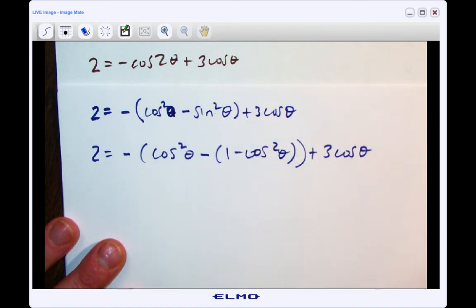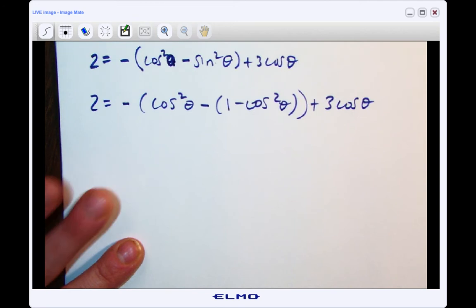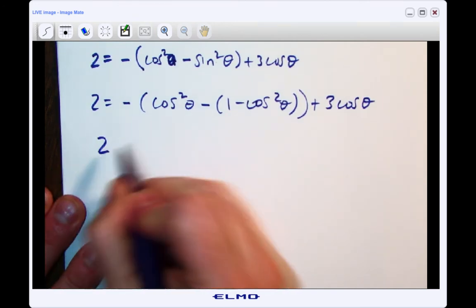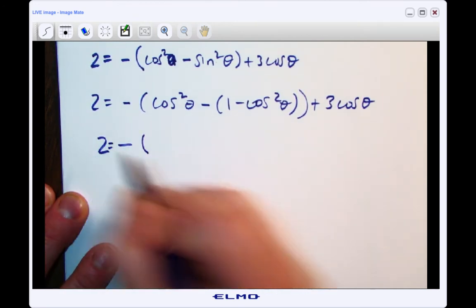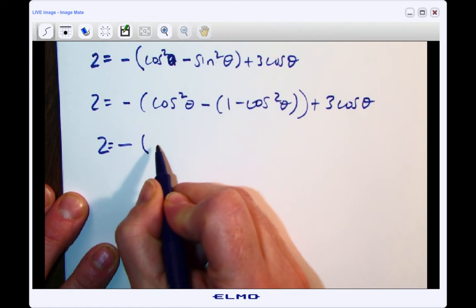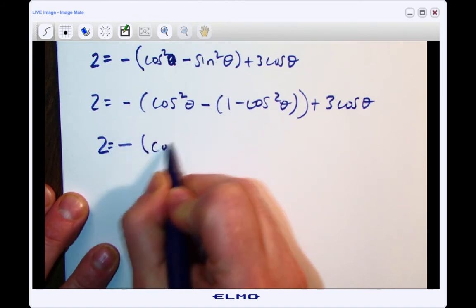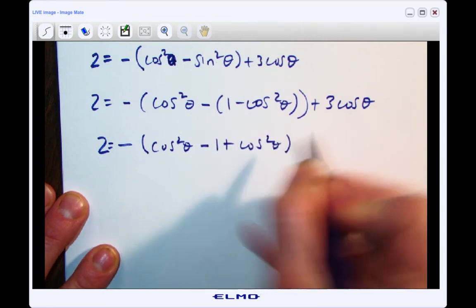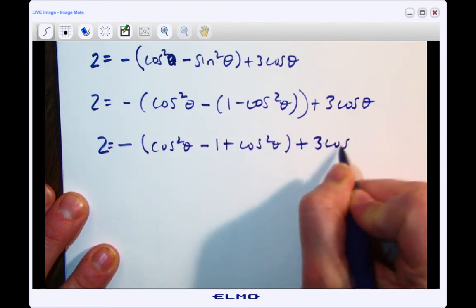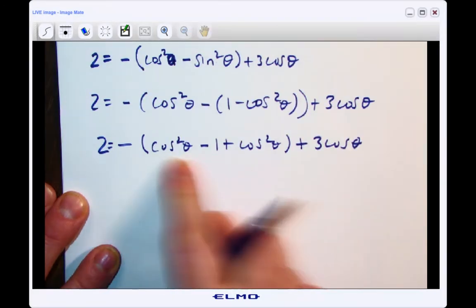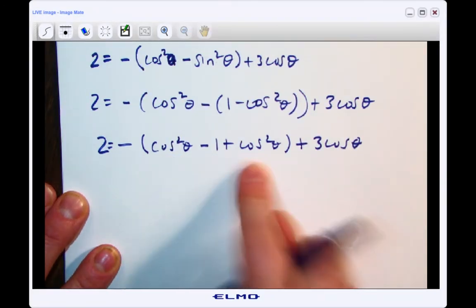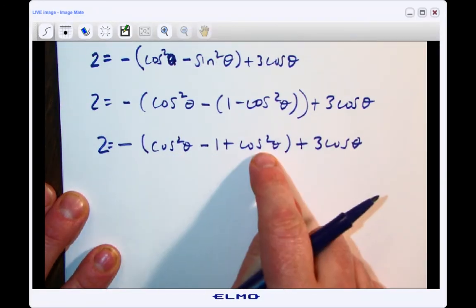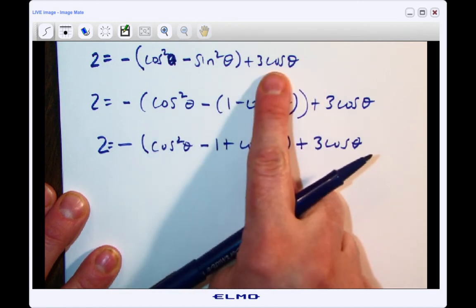Because the other way you can think about it is I'm just using my Pythagorean identity now. So we have 2 minus, is equal to negative, is that what it said? Yes, okay. Cosine squared theta minus 1 plus cosine squared theta plus 3 cosine theta. And so that gives us 2 cosine squared theta minus 1, so you could have just jumped to that one if you knew right away that you wanted it to be cosine.